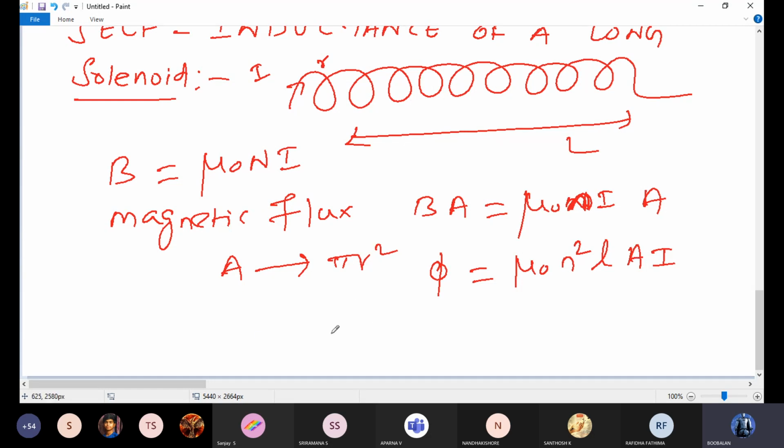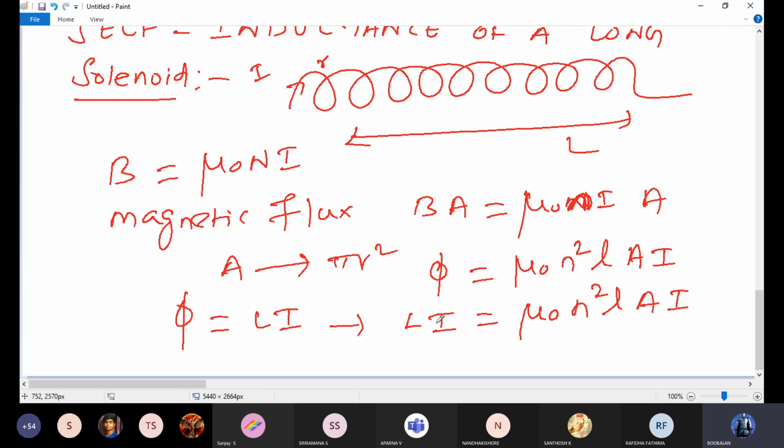Now you know the self-induction formula: phi equal to L I. In this, instead of phi, I am applying L I. So L I equals mu naught n square L A I. Now I is cancelled and you will get the formula L equal to mu naught n square L A. This is mu naught, not mu o.